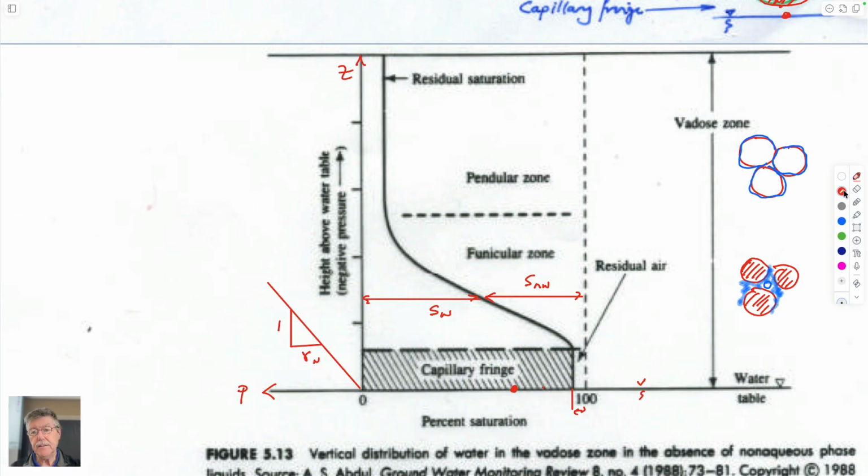And at the joining between these layers, we have this meniscus, this pendant of water. It goes around it and it goes across grain to grain. So that's present at these point contacts between grains. And so that exists here.